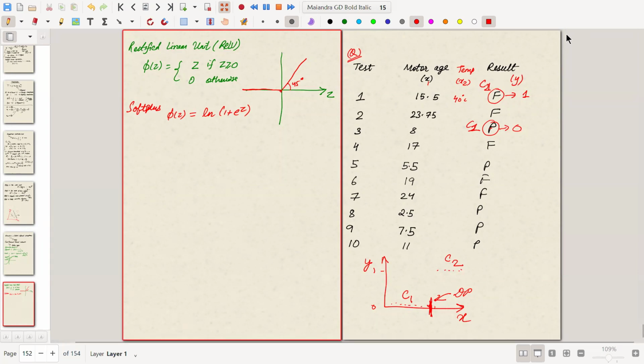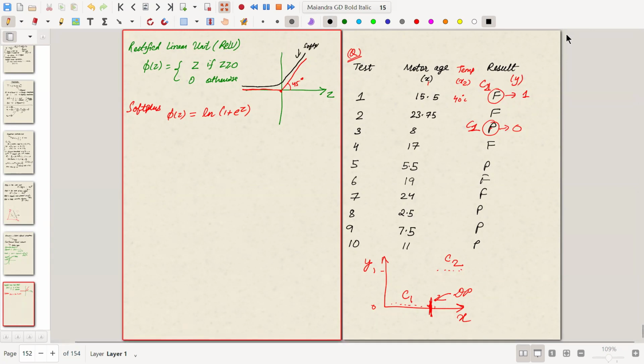In order to approximate this non-differentiable function by a differentiable function, there comes another activation function known as softplus. If I write ln of 1 plus e to power z, and you draw it, it will look something like this.